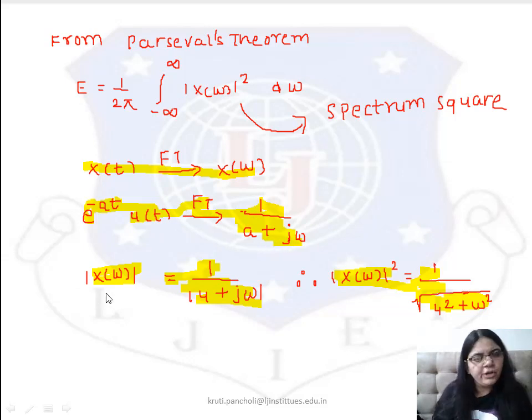So we need the modulus of X(ω). We can write it as 1 upon the modulus of (4 + jω), and this is a complex function. So what we are doing is taking the square of that. It is the modulus of X(ω) squared, equal to 1 upon (4² + ω²).